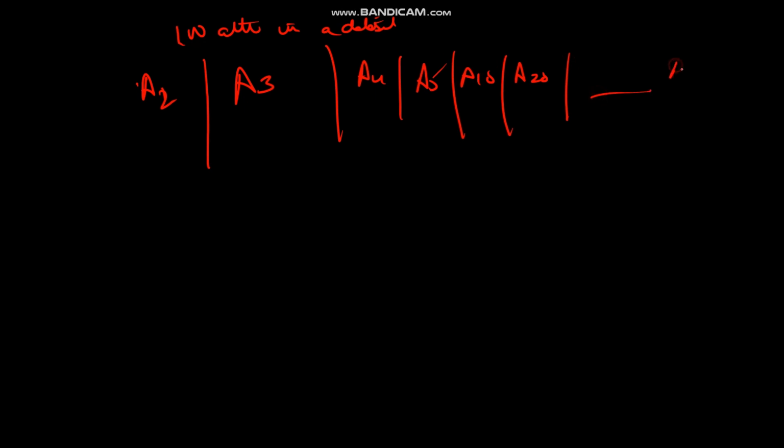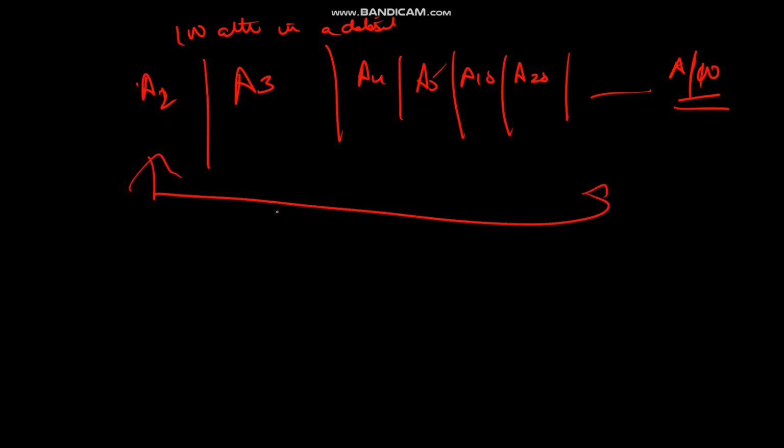Then in the next testing we have taken 3 attributes, 4 attributes, 5 attributes, 10 attributes, suppose 20 attributes, and so on. And at last we have taken 100 attributes. Now what I want to say over here is that if we consider more attributes, then the accuracy of the model will be high.